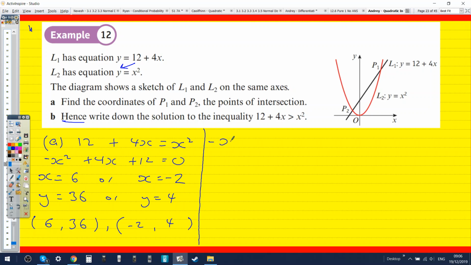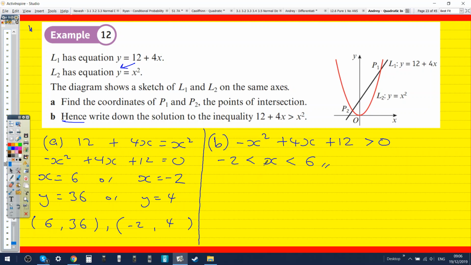Yep, and then calculator. I got minus 2 is smaller than x, which is smaller than 6.